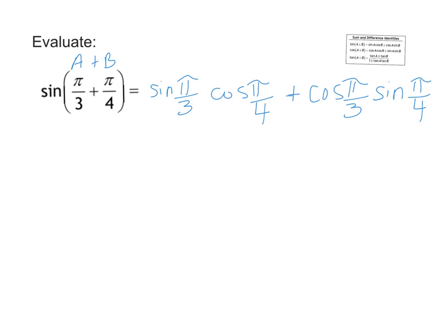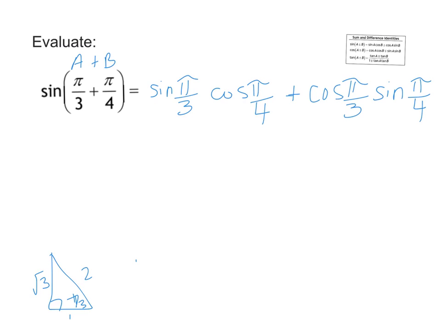Move that back out of the way. Then we have to start evaluating each of these things separately. And how do I evaluate sine pi over 3? Special triangles, right. So I'll just put the special triangles down here. 1, 2, root 3. Pi over 3 is down here.